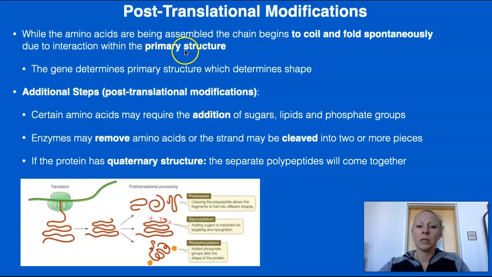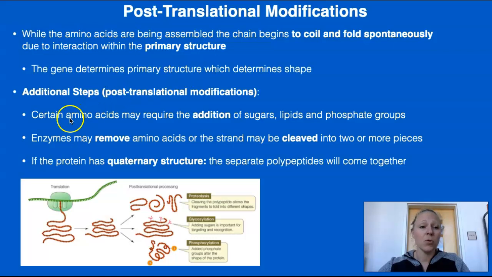So it's the intermolecular forces in there that are going to attract one another or move the protein around. And so that primary structure, it's the gene sequence that's going to determine the primary structure. So it's going to be what determines the sequence of amino acids.